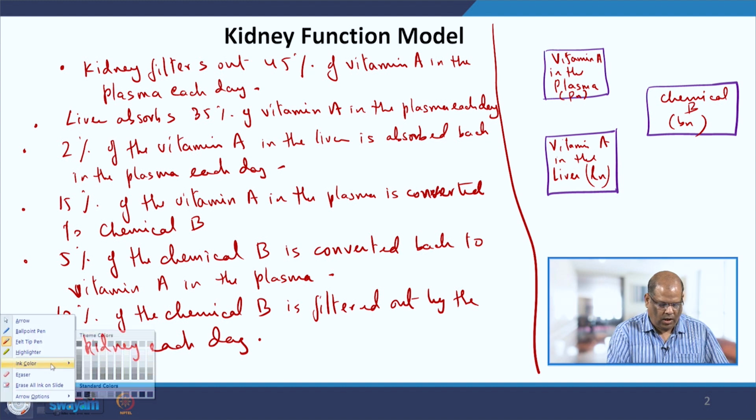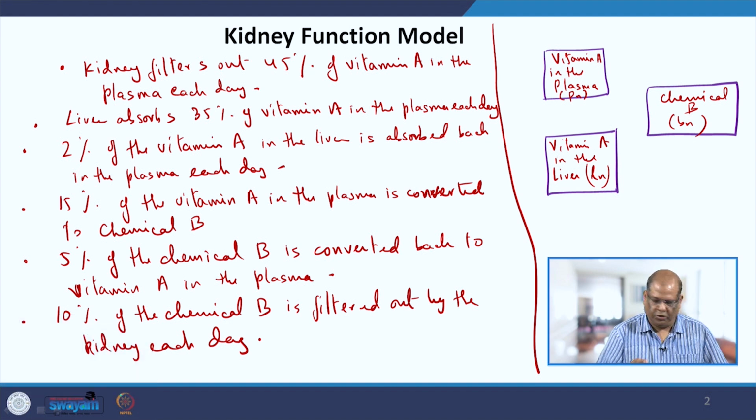And then let's see the various relations. The kidney filters out 45% of vitamin A in the plasma each day, so 0.45 goes out.